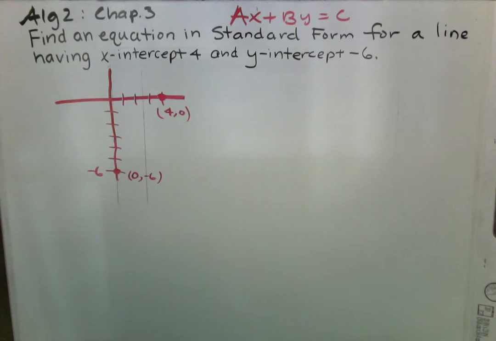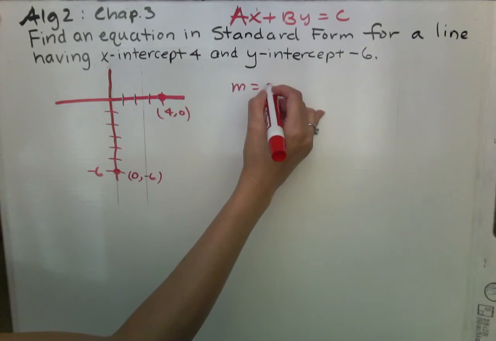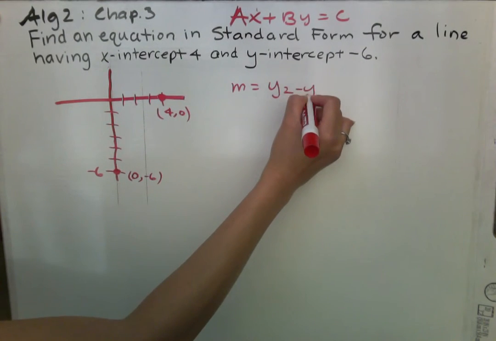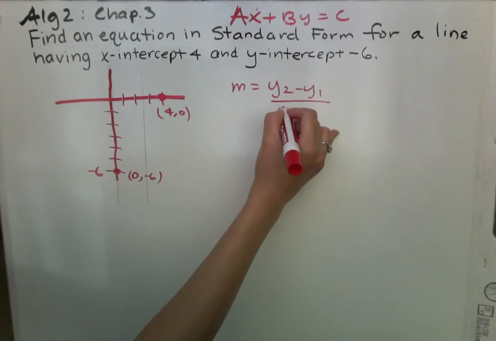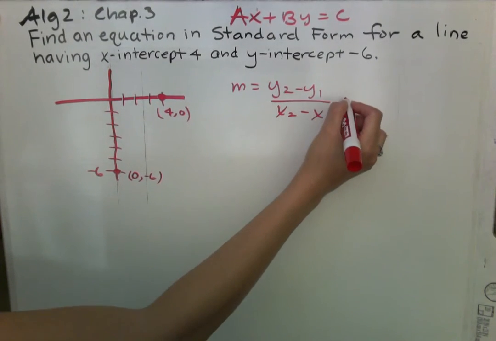All right, so now that we have the points, we are going to find the slope of this equation. And if you remember how to find slope back in Algebra 1, it was y2 minus y1, which is the change in y, over the change in x.